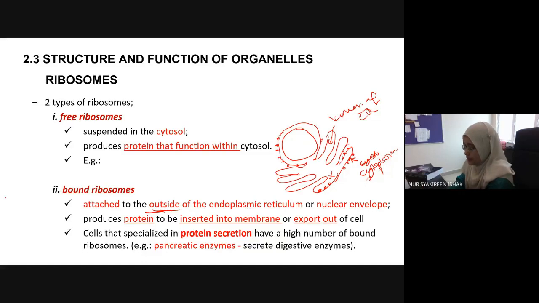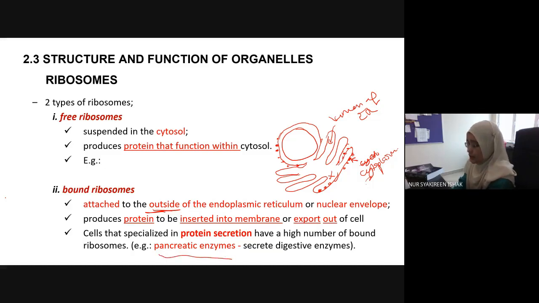The function of the bound ribosome is to produce protein to be inserted into membrane or exported out of the cell. Cells that specialize in protein secretion have a high number of bound ribosomes, such as pancreatic enzyme.